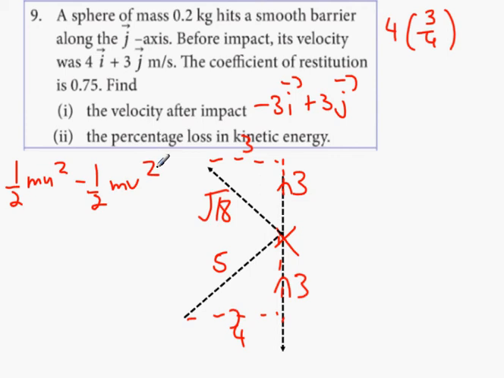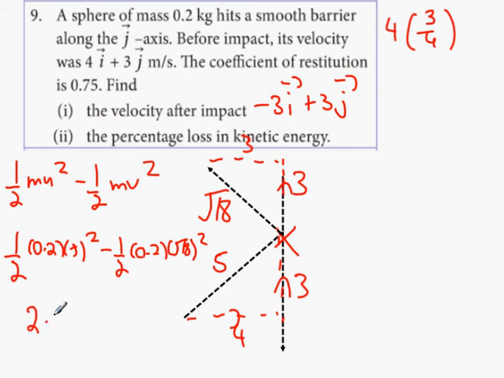That's your loss in kinetic energy, which is a half times 0.2 times 5 squared minus a half times 0.2 times root 18 squared. What does that come out as? That's going to be 2.5, well done. And the other one's going to be 1.8.